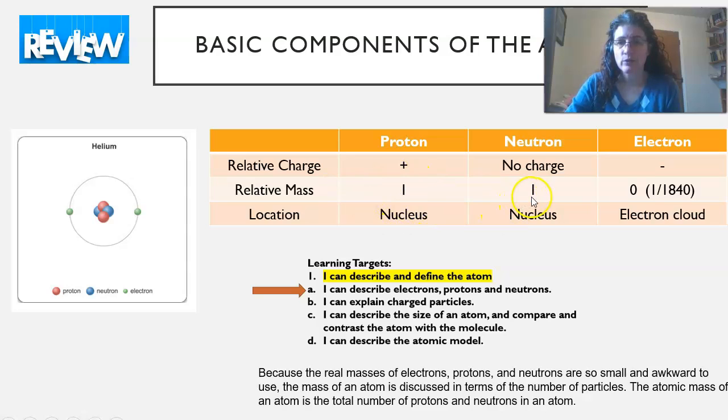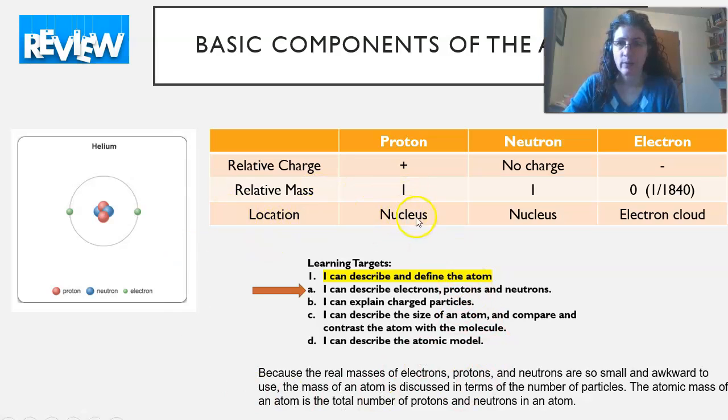Protons and neutrons have a mass of about 1, and electrons have a relative mass of about 0. So you can see how small they are. They're pretty small units. We can't measure them in grams. It's really awkward. So we call them atomic mass units. We'll talk a little bit more about that.